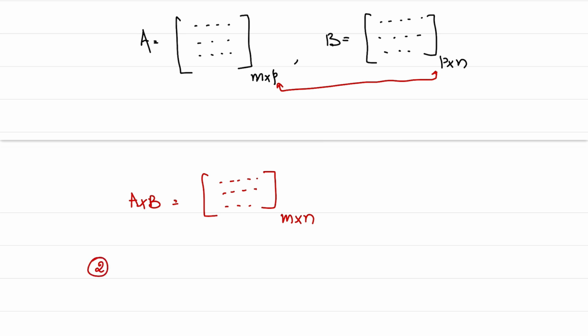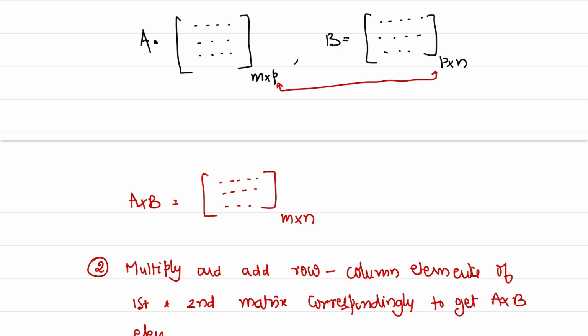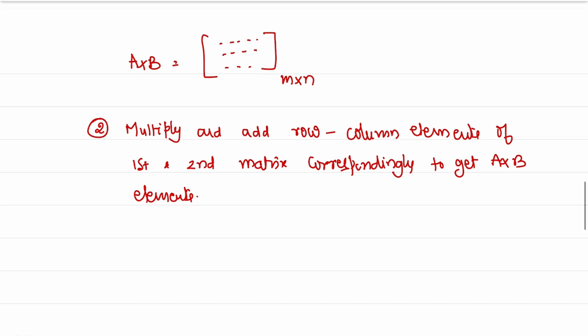The second requirement is to multiply and add row and column elements of the first and second matrix correspondingly, to get the elements of A into B. That is the second requirement.